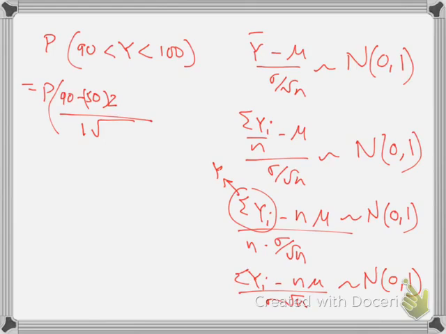Sigma is actually, it should be inside the square root because sigma square is 1. So sigma would be square root of 1 and square root of n is square root of 50.